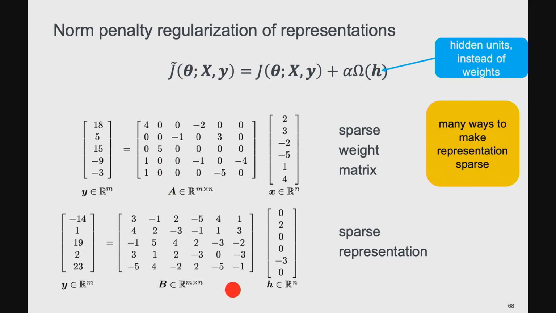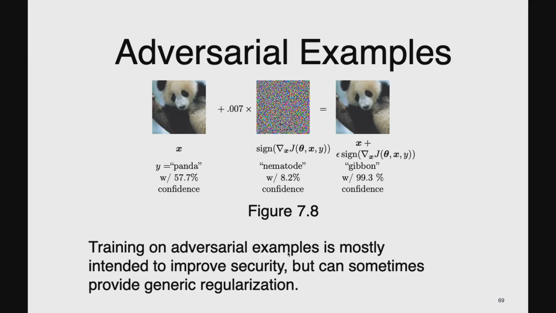You could also try that the hidden layers you use have many zero positions, and the matrix is maybe a full matrix. And then you compute the result. So here you have a sparse weight matrix, many zeros here. And here you have a sparse representation, many zeros here. That's, by the way, another possibility. I don't think I've seen this that much, I have to say.